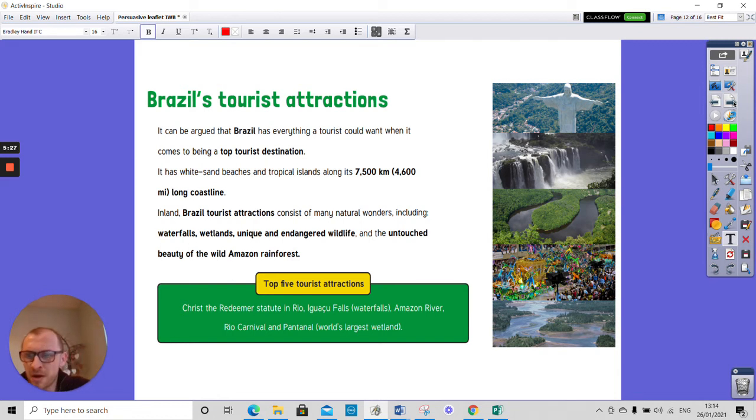If you like a bit more of an adventurous holiday, you can visit things like waterfalls, wetlands, endangered wildlife, the Amazon rainforest, the Amazon River. And there are also things like Christ the Redeemer statue in Rio, the Iguazu Falls, which is a waterfall, you can visit a carnival if you like a party, and then there's Pantanal, which is the world's largest wetland.